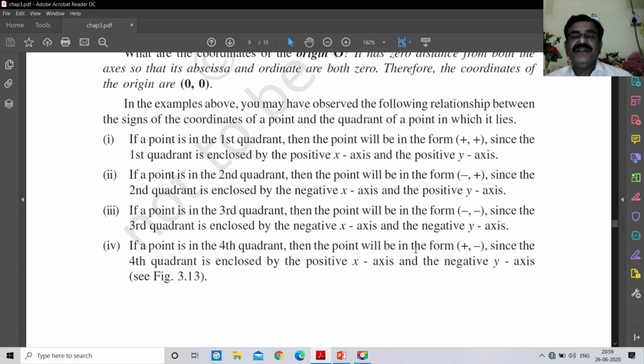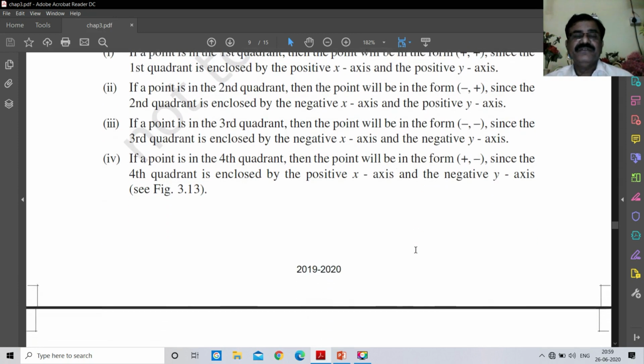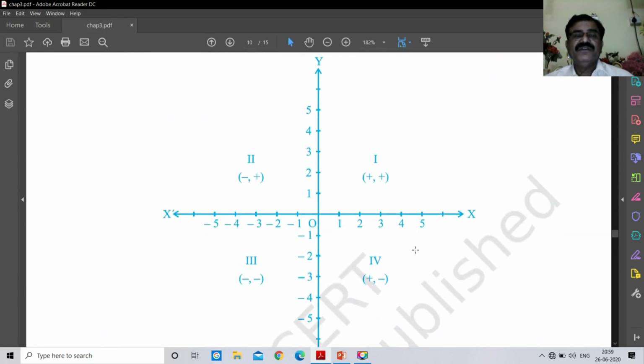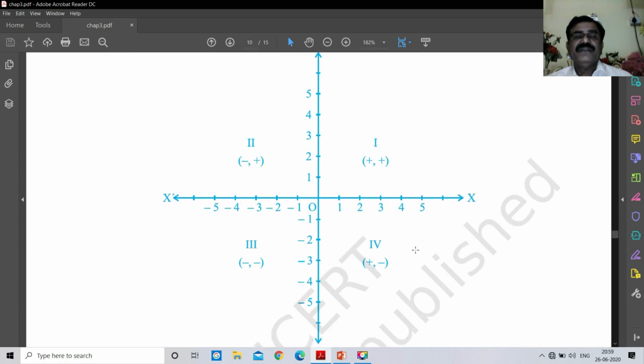In the third quadrant both will be negative, that is, x will be negative and y will also be negative. In the fourth quadrant the x values will be positive while the y values will be negative. As shown in the figure: first quadrant plus plus, second quadrant minus plus, third quadrant minus minus, and fourth quadrant plus minus.